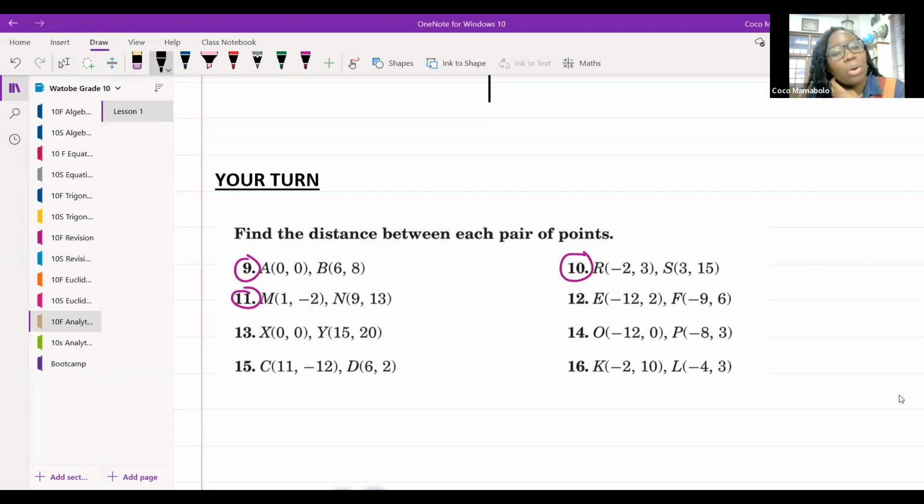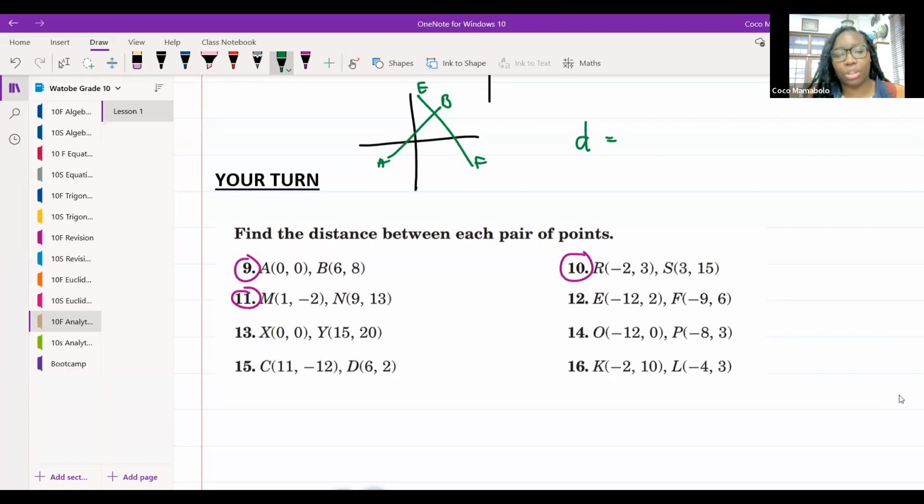And I saw somebody also asking, don't we write D for distance? Now, imagine if we had a Cartesian plane and there was a line called AB and there was another line called EF and they said calculate the distance and you just said D. Which line is it?